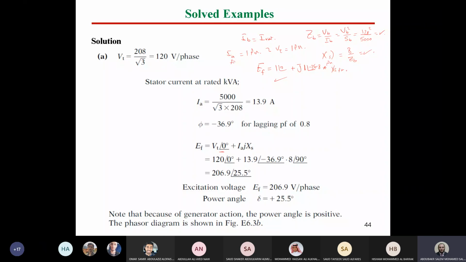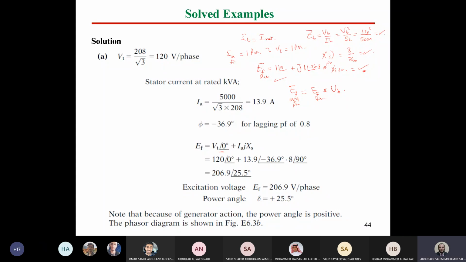Finally, if we would like to get the excitation value in actual value, we take the per unit value and multiply it by V base. So EF actual per phase equals EF per unit, which has been calculated here, multiplied by V base. Any question in per unit calculations?